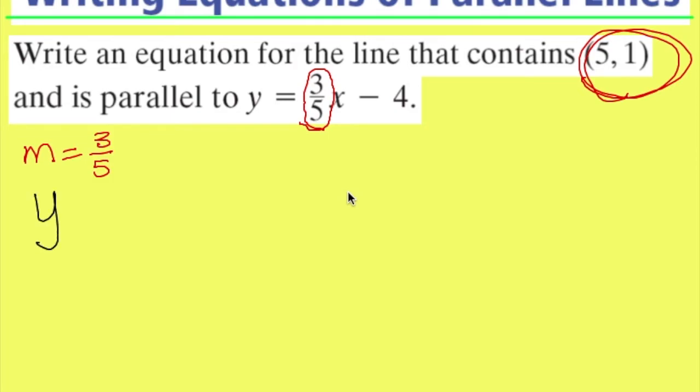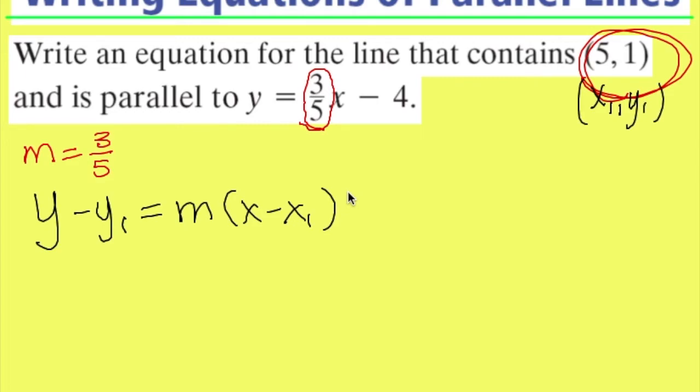So point slope form, again, looks like this. So this ordered pair over here would be my x1, y1, and my slope I already know. So if I fill in the information, I will have y minus 1 equals 3/5 times the quantity x minus 5.